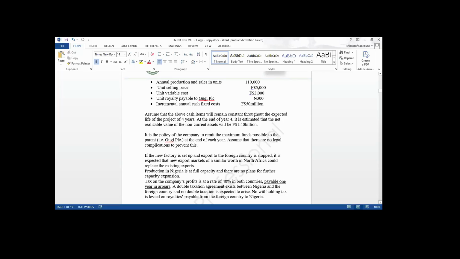It is the policy of the company to remit the maximum funds possible to the parent, in brackets, Google PSC, at the end of each year. Assume that there are no legal complications to prevent this.